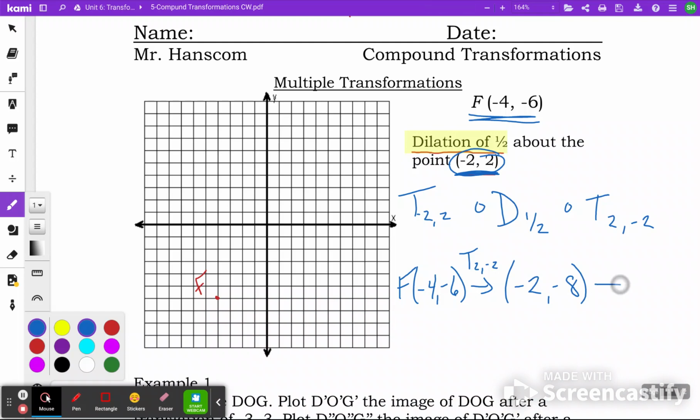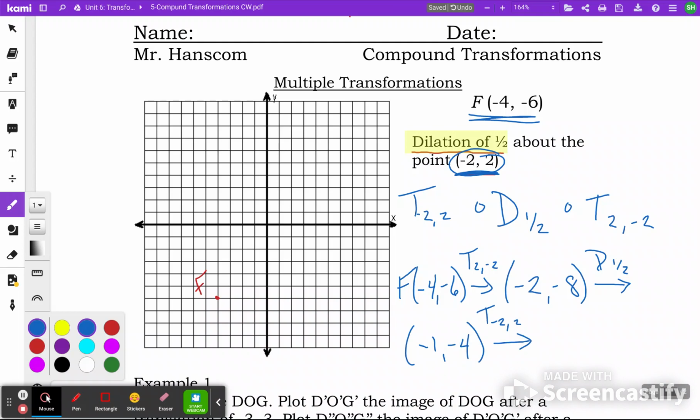What we will then do is complete the dilation of 1/2. I'll be moving to the next line because I'm running out of room. If we cut those values in half according to our dilation rules, it will turn into (-1, -4). And lastly, I will have to move the translation back by (-2, 2).